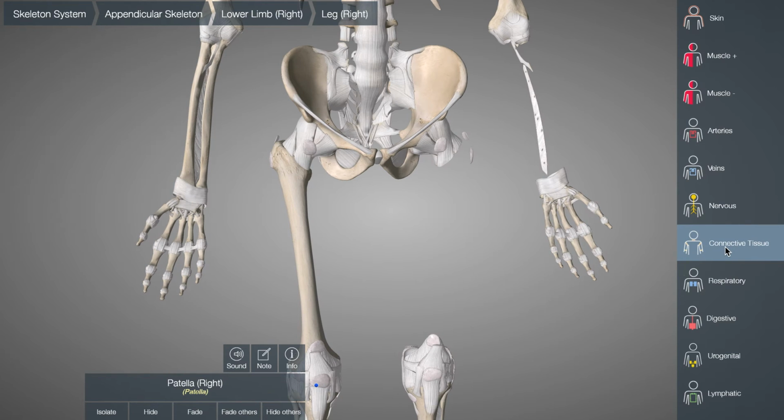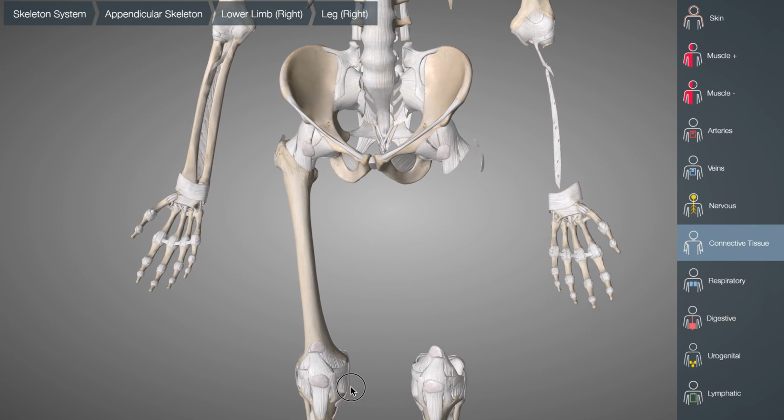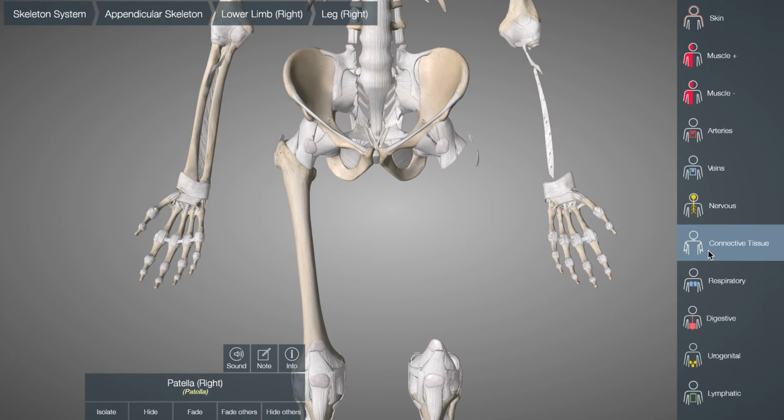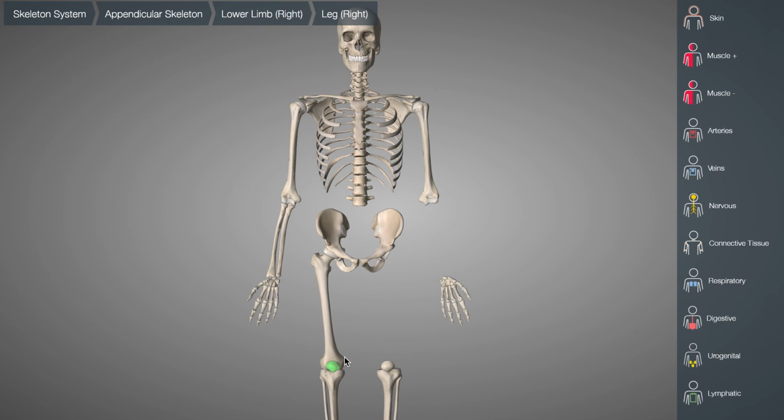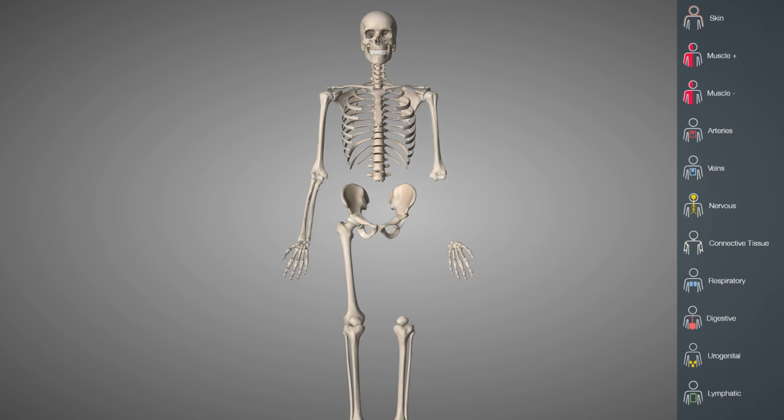So let me turn on the connective tissue. See, there's a great padding of connective tissue that keeps it situated on there. But I think that's most of the major features of our femur. We can go ahead and move on to our tibia and our fibula.